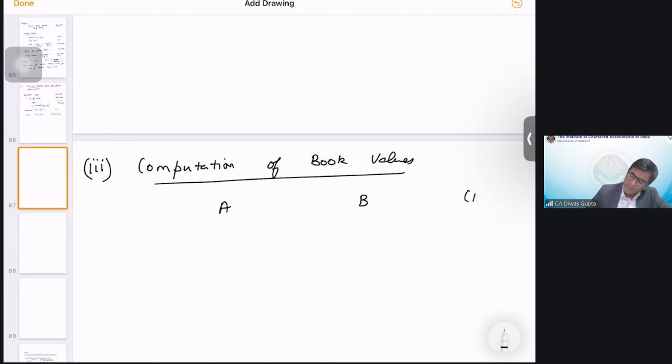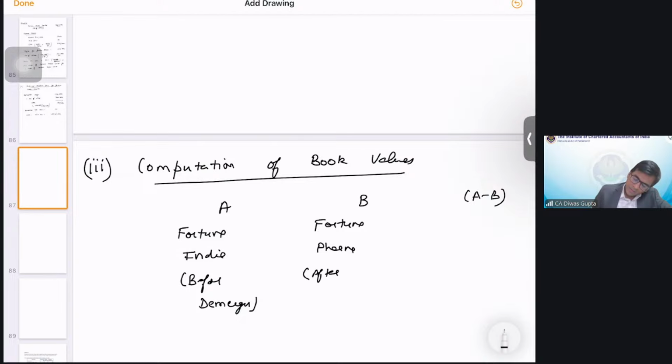A, B and A minus B. How come we are writing A is actually the Fortune India before demerger? Because this is what is given to us. Then Fortune Pharma, this is after demerger, that is also given to us. And then the difference between both of them will give us the Fortune India Limited, only the FMCG business after demerger.